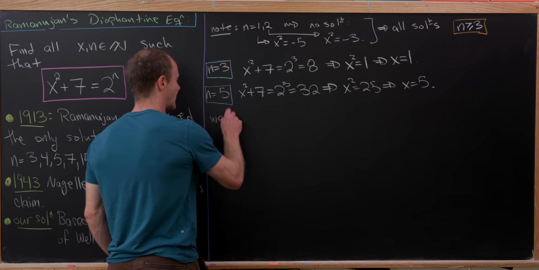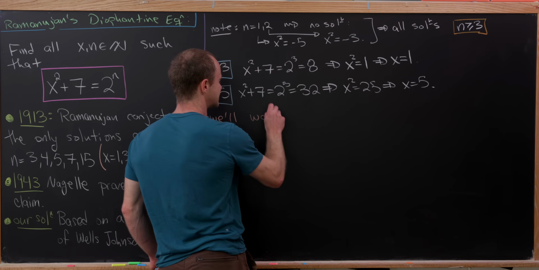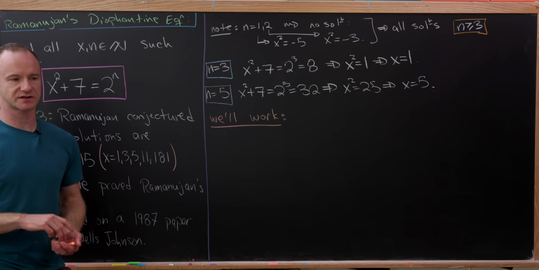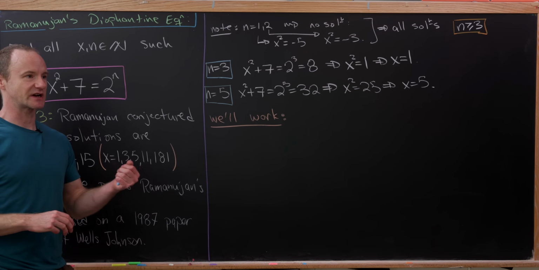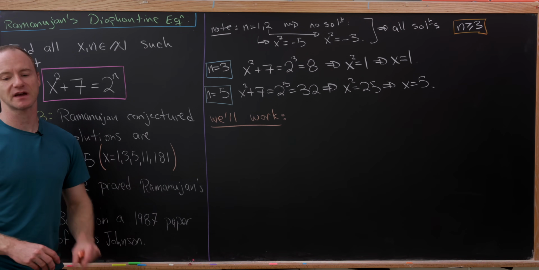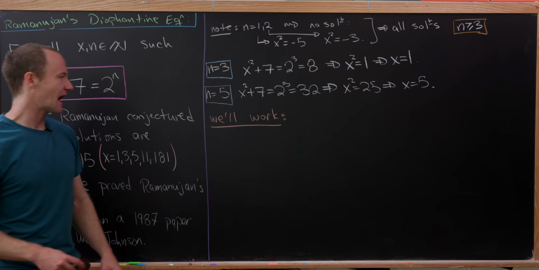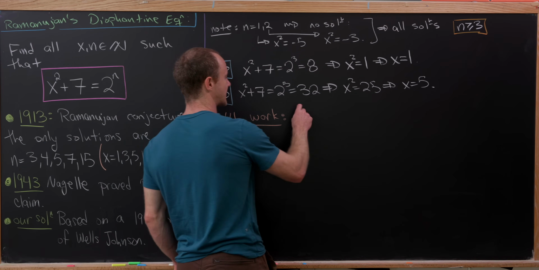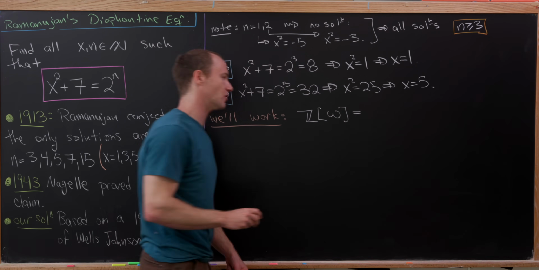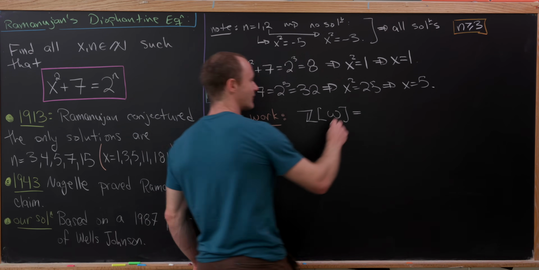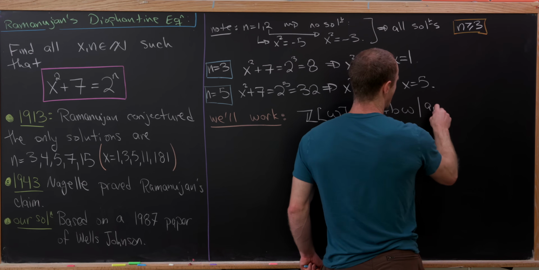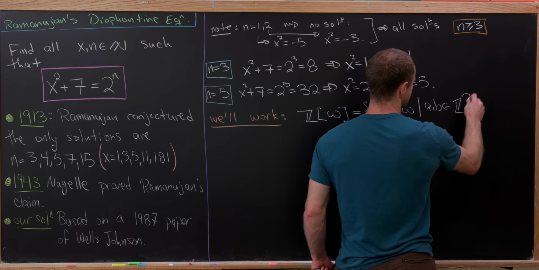And we are in fact going to work inside of what's called an extension of the integers. And what I mean by that is we're going to take the integers and maybe add to them some complex number. And how are we going to do that? So we'll work inside of this thing that I'll call Z adjoin omega, which is everything of the form a plus b omega, where a and b come from integers.